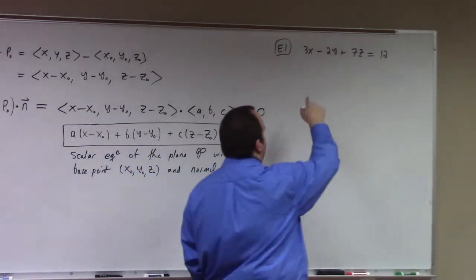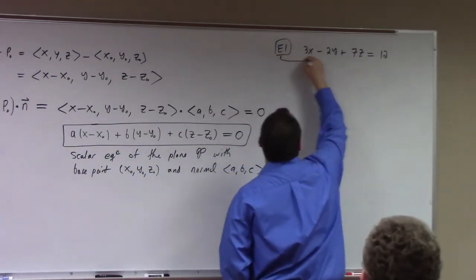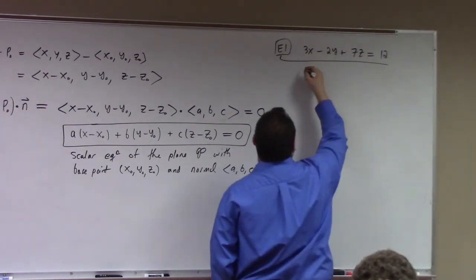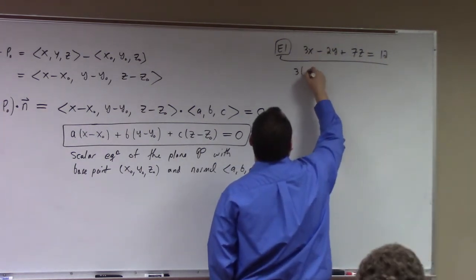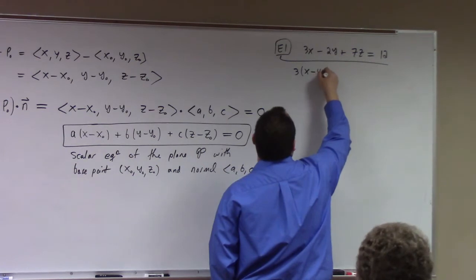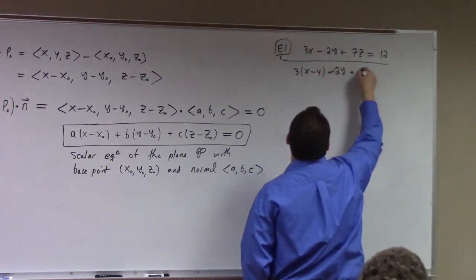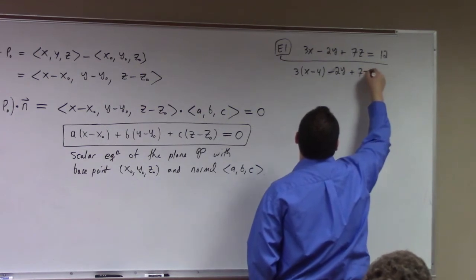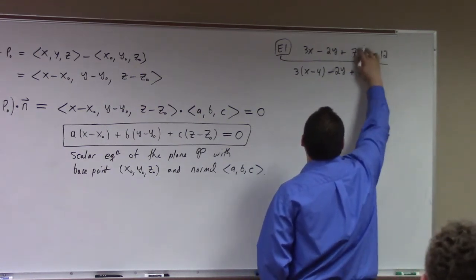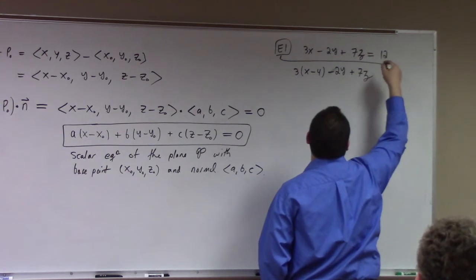How about this? If we rewrite this, this 12 we need to pick up over here somewhere, right? This is 3 times x minus 4, right? Minus 2y plus 7z.